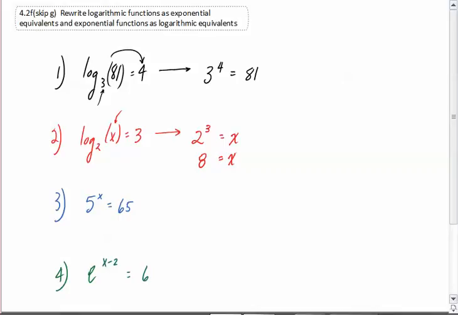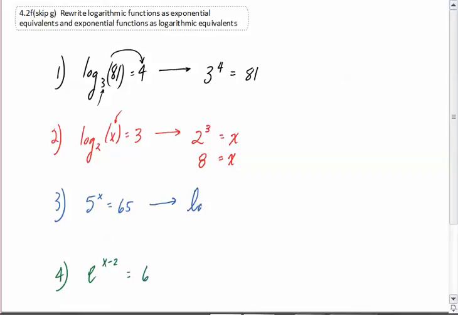Okay, so you can see how we're already learning to solve these just by rewriting them in a different form. So what I'd like to do is take a look at number 3 and do the same thing. What we're saying is this 5 to the x equals 65. Well, let's say I'm going to rewrite it in logarithmic form.